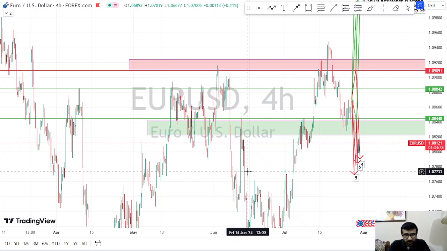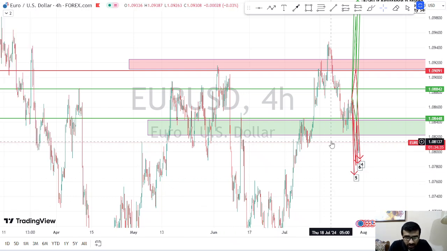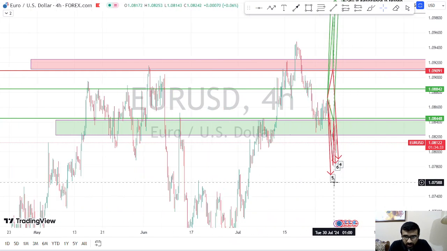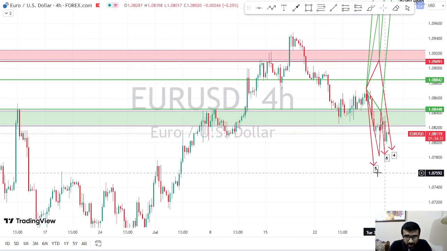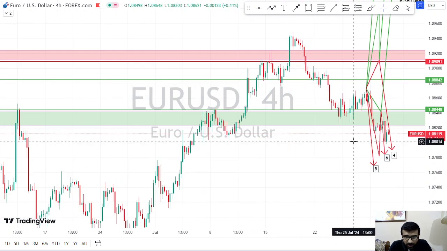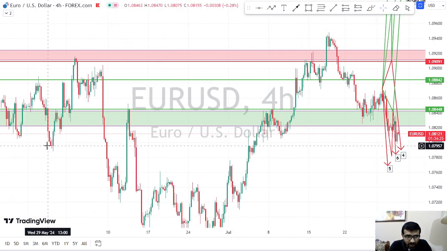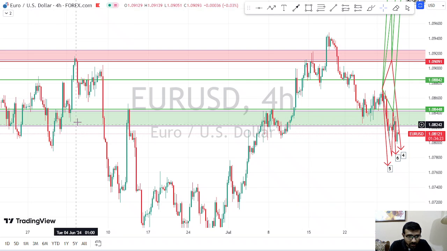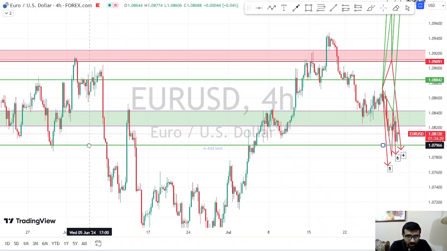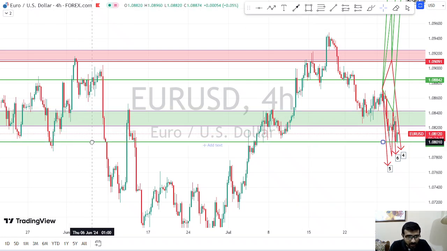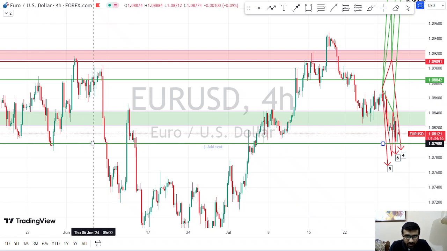4-hour time frame, and you guys can see that the market is currently trading over here, and the lowest point to which the market has gone is approximately this level. Okay. So at this level we have a key area of support over here. So we are going to move our levels over here. This was a key level previously.